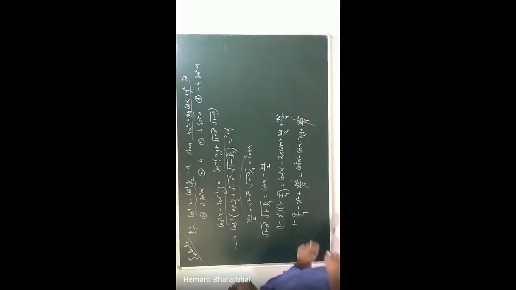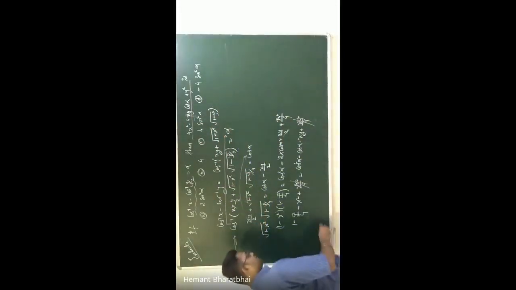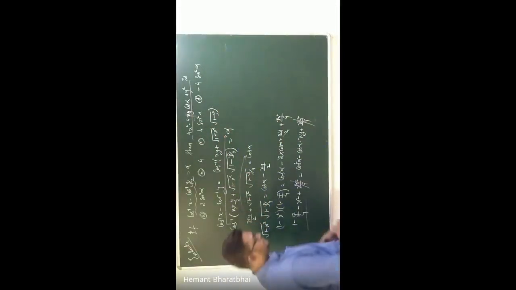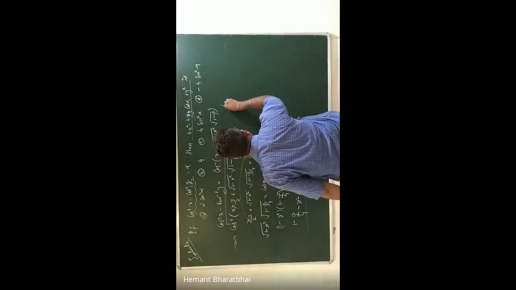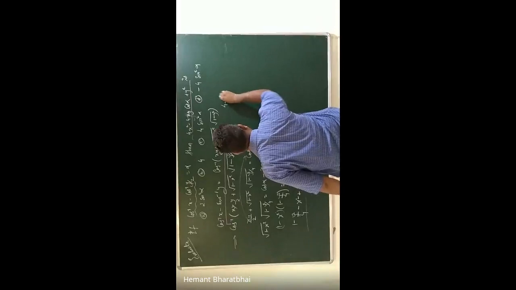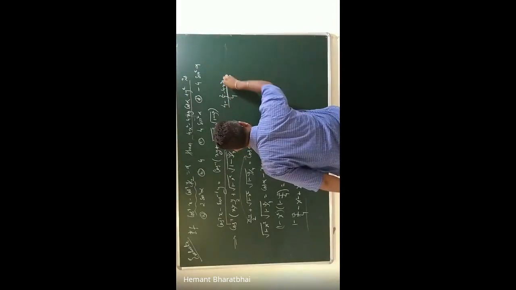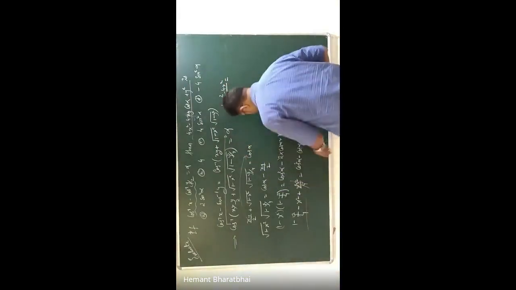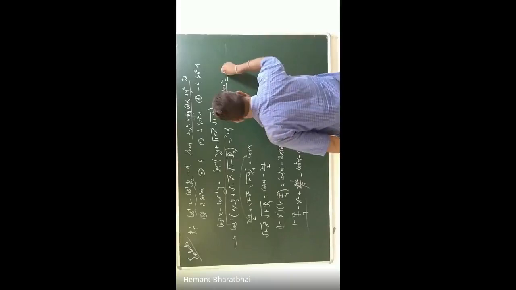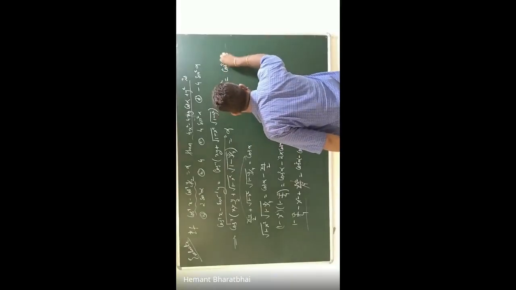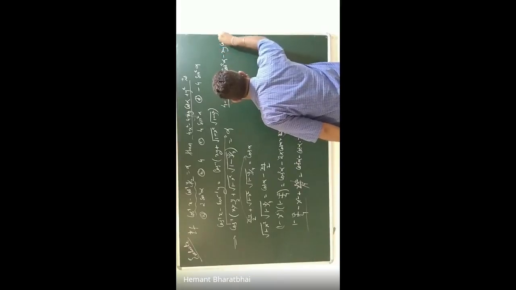Now I require something like the 4x square term, so I'm going to take the LCM over here. I'll get 4 minus y square minus 4x square upon 4 is equal to cos square alpha minus xy cos alpha.